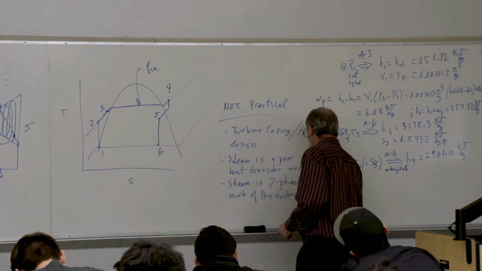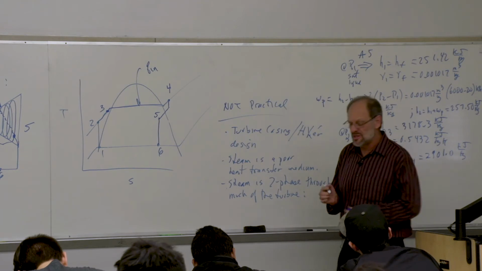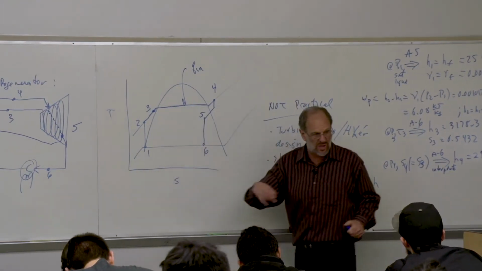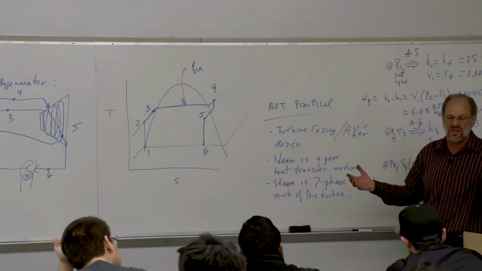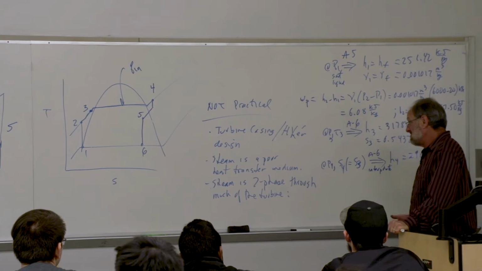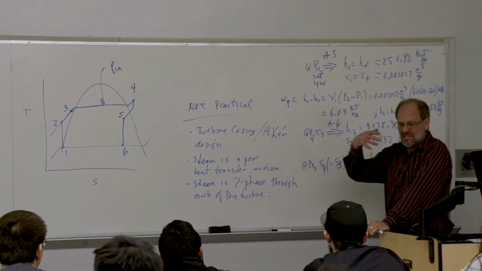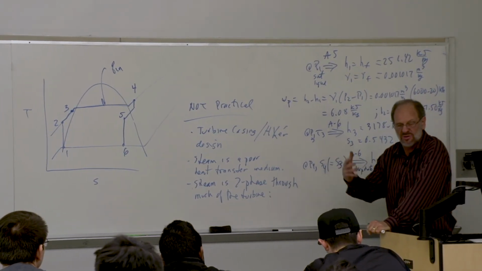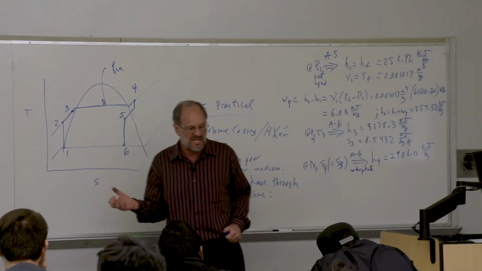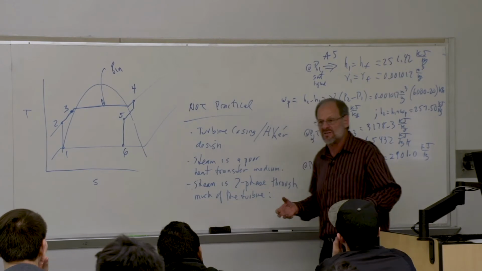Now, why is that a problem? Well, it has to do with erosion. Steam turbine blades are spinning incredibly fast, right? They spin at whatever the speed of the electric generator is, which is usually 3,600 RPM or 60 revolutions per second. If you have steam, which is a gas, moving through those blades, not much potential for erosion. Well, it's a gas, right? Very low density. But liquid water has a density of 500, 1,000 times that of the steam.